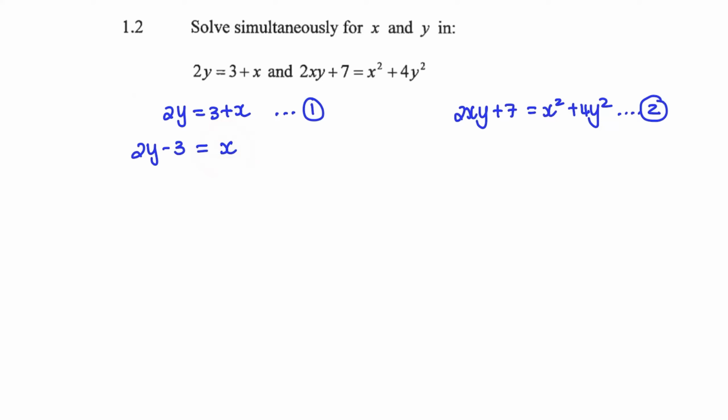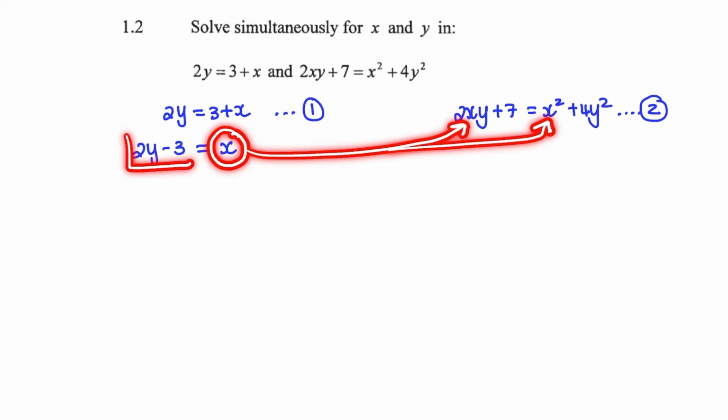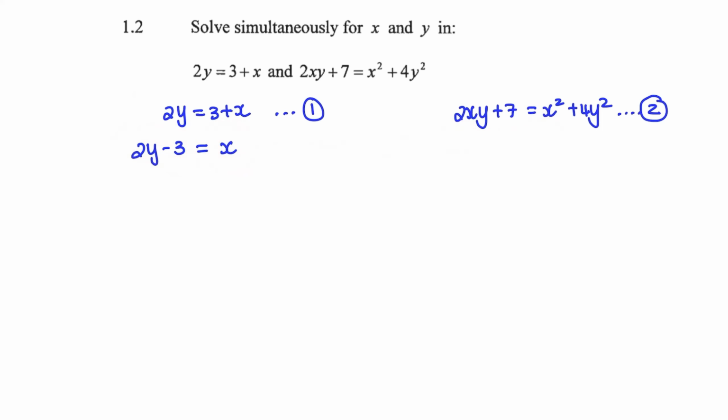So if I rewrite this equation, I see that I can easily substitute x in my second equation with 2y minus 3. So what that would look like is I'll have 2 times 2y minus 3 times y plus 7 equal to 2y minus 3 in brackets squared plus 4y squared.